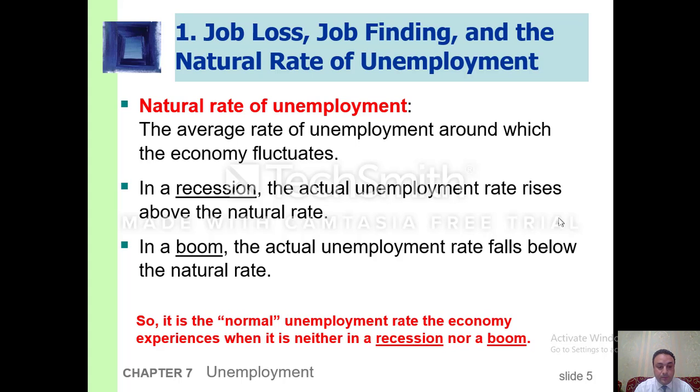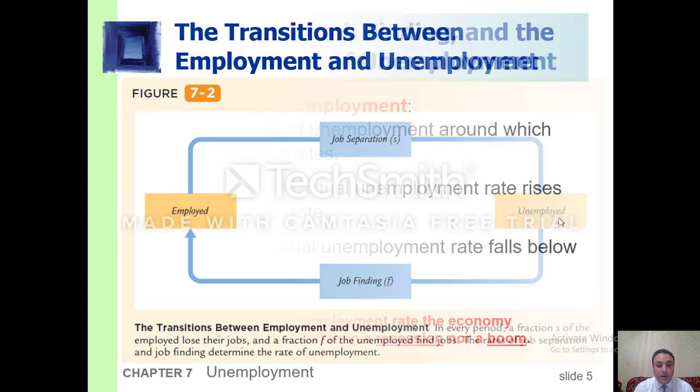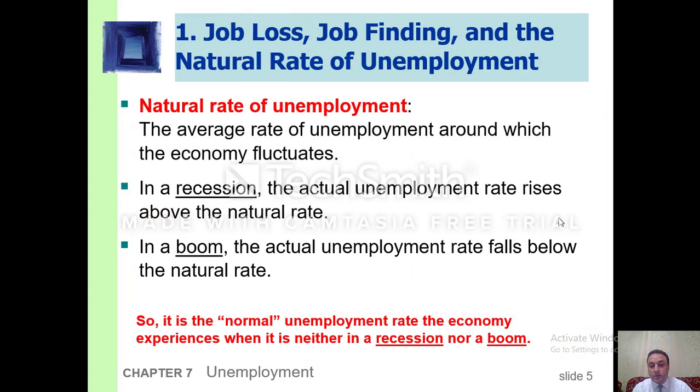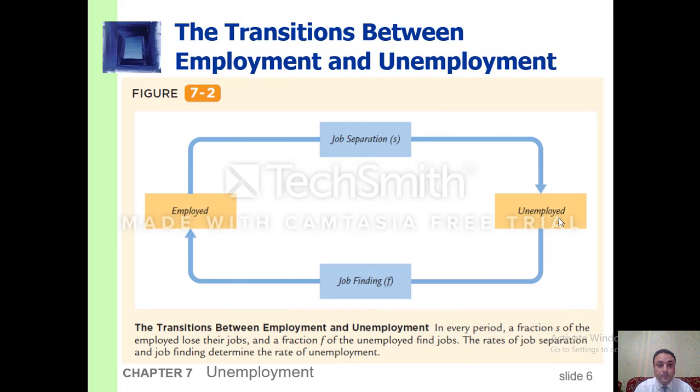So the natural rate is the normal unemployment rate the economy experiences when it is neither in a recession nor in a boom. It is the normal one in between.